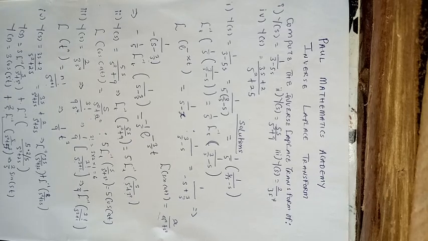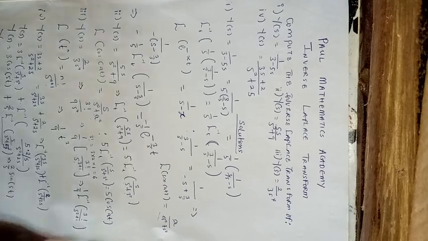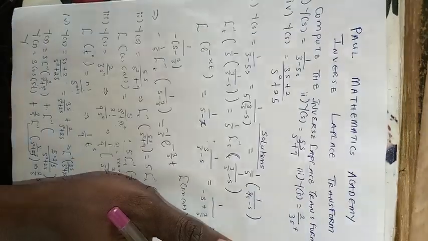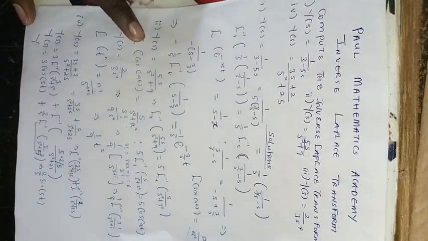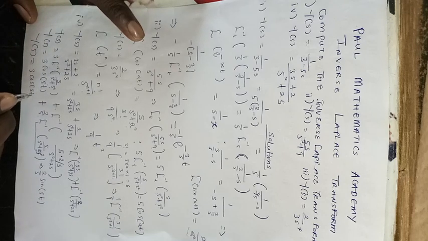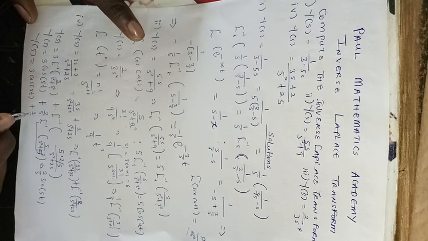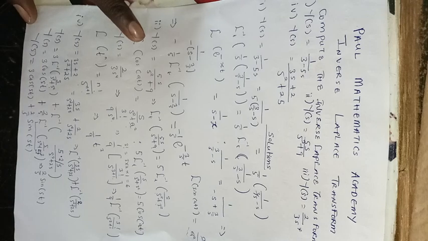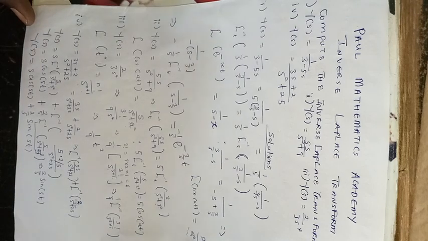Do you understand that? So hence, so that you can see it very well, y(t) is equal to 3 cos 5t plus 2 over 5 sine 5t. So that is the inverse Laplace of the function.